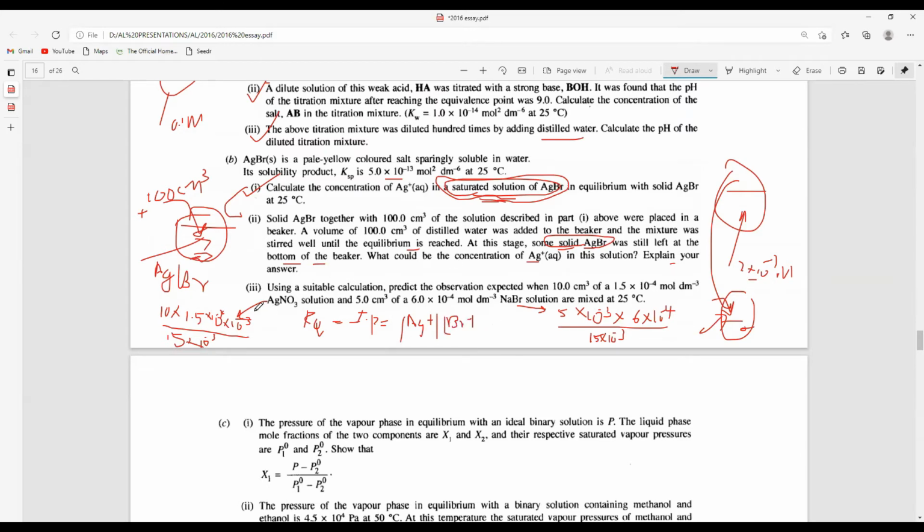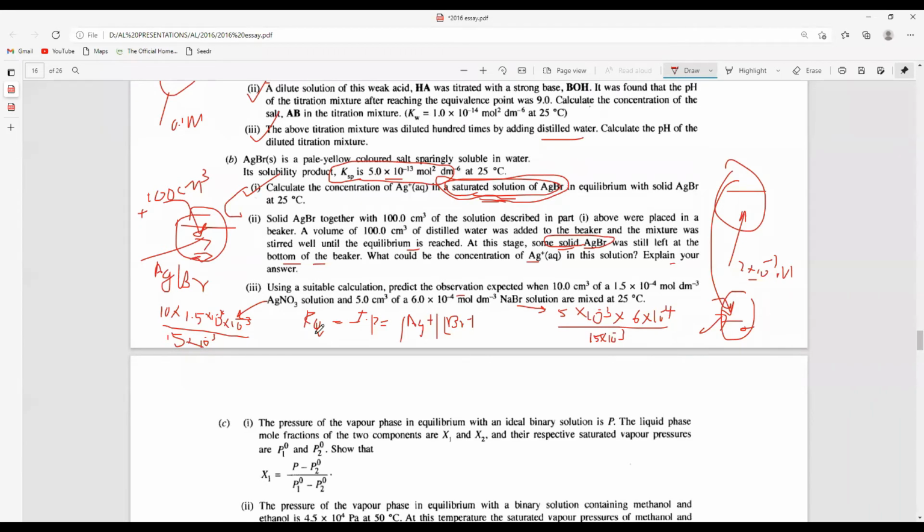You can plug these two values in and check whether this RQ exceeds the Ksp value. If this RQ value exceeds the Ksp value, you can mention that AgBr will get precipitated. Okay, so you have to mention the observation. The observation, if this RQ value is greater than Ksp, is that a pale yellow precipitate was observed.